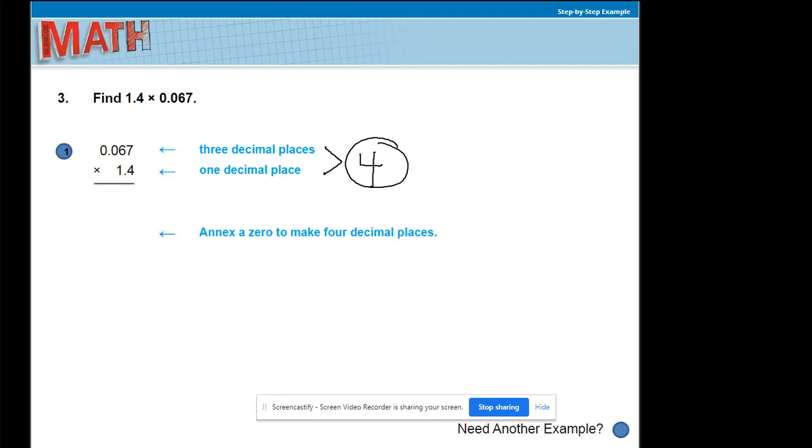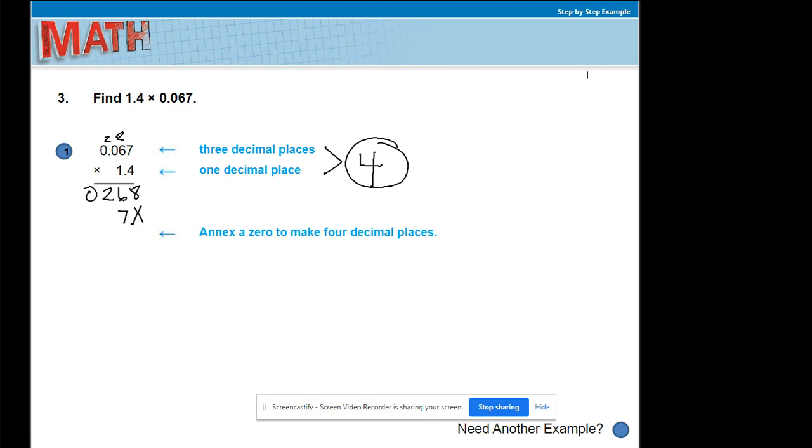If we start multiplying like normal, 4 times 7 is 28, carry the 2, 4 times 6 is 24, plus 2 is 26, carry the 2 again, 4 times 0 is 0, plus 2 is 2, 4 times 0 is 0. Again, when we're making our next number, we have to put an X or a 0 there for the first number, and then we continue on.